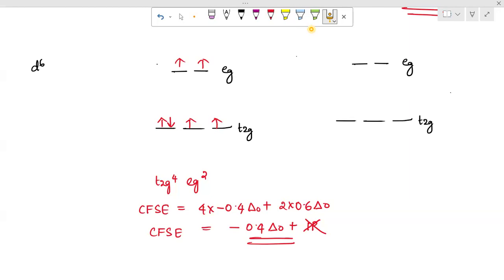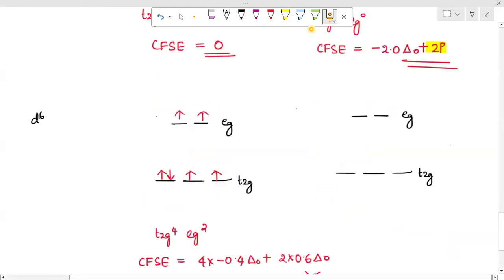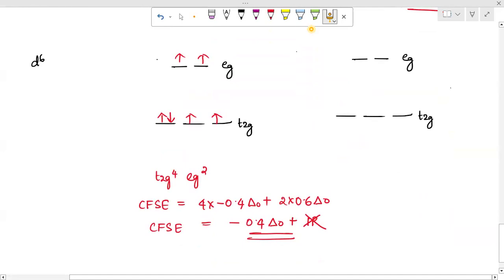That's Hund's rule of maximum multiplicity followed by Pauli's exclusion principle. In the earlier case, that was not the scenario. Instead of singly occupying, it first gets paired, for which you have to give some energy. That's why you have to add pairing energy. Here, every one of them is singly occupied and only then pairing is happening, and that happens naturally, for which you need not add pairing energy.